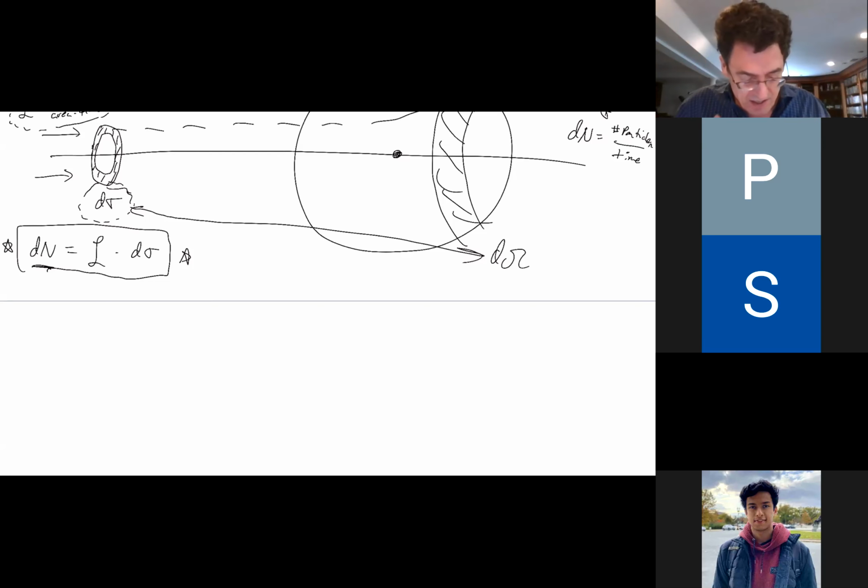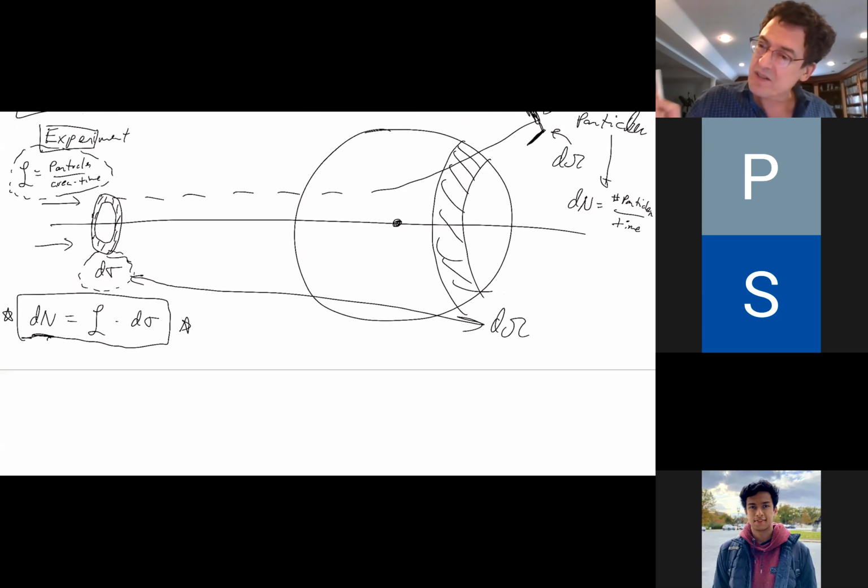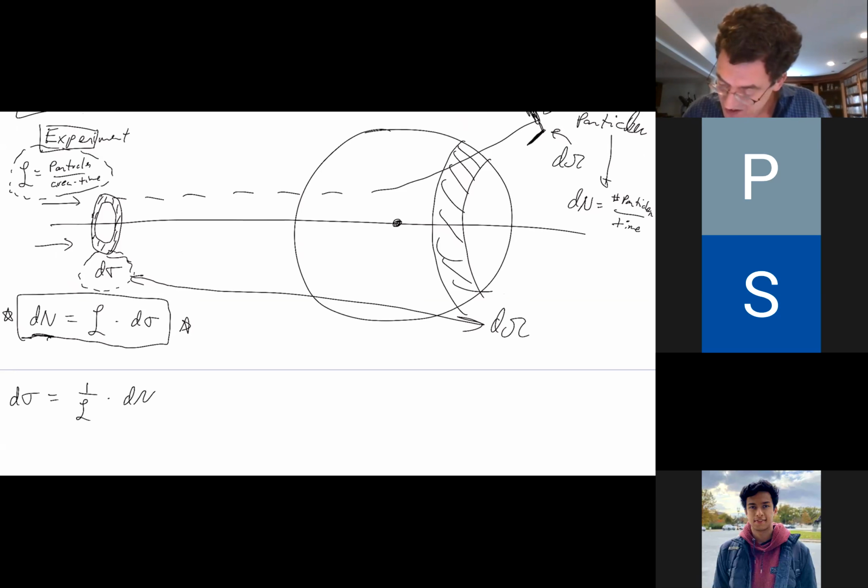You can measure it. And so we can go one step further, because this is a very simple relationship, which I think is geometrically obvious. But then you can take the very next step, because you can say, if that is true, then I should be able to write d sigma is equal to 1 over the luminosity times dn, where dn is the number of particles that go into my detector.